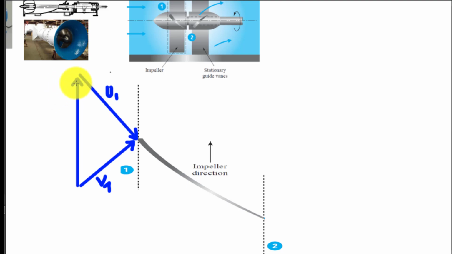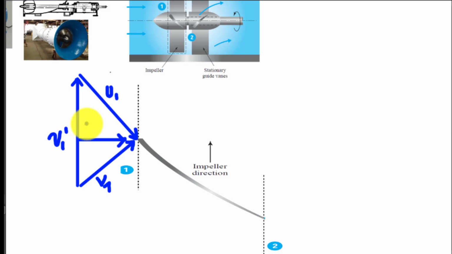So this is my peripheral velocity, or it can be called the circumferential speed of the vane. So this is my v sub 1 prime, which is the circumferential velocity of the vane.